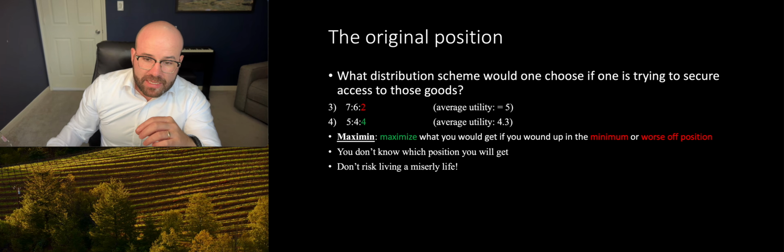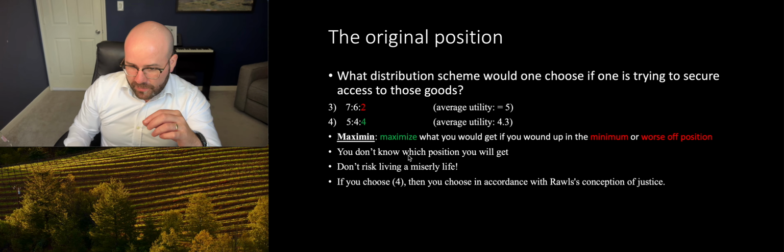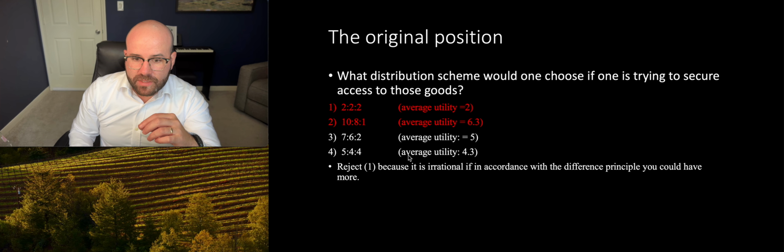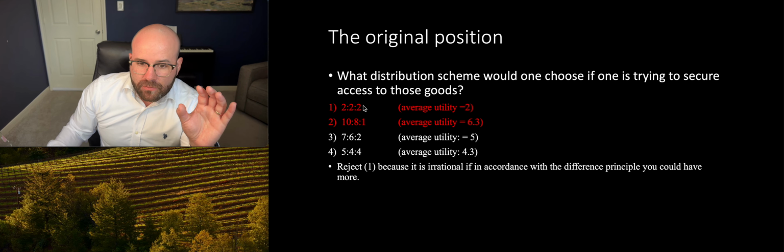So that's why in this case you can have an unequal distribution. I guess I should have said this: even comparing it to all the schemes, you should choose 4 and not 2.